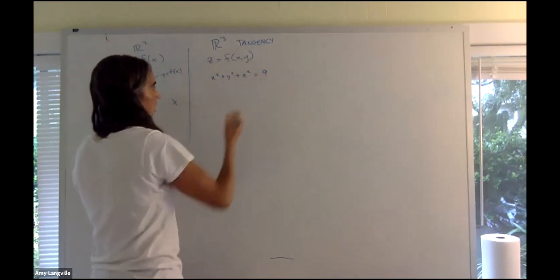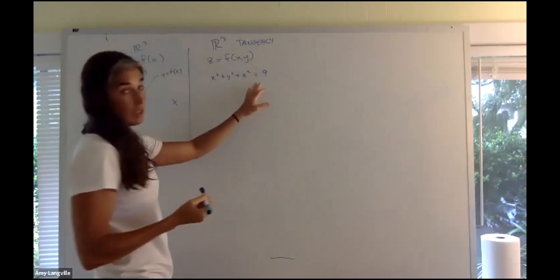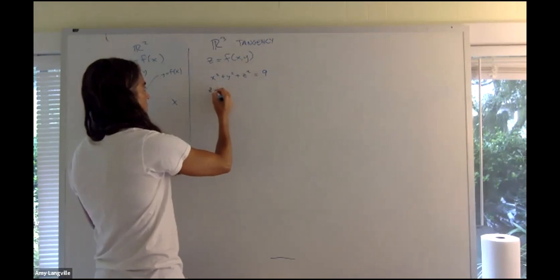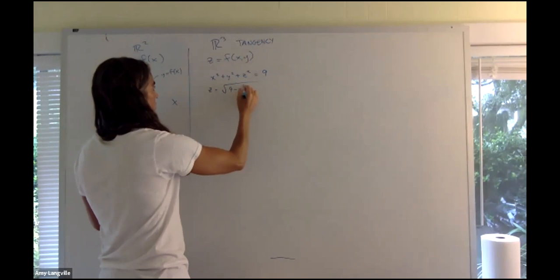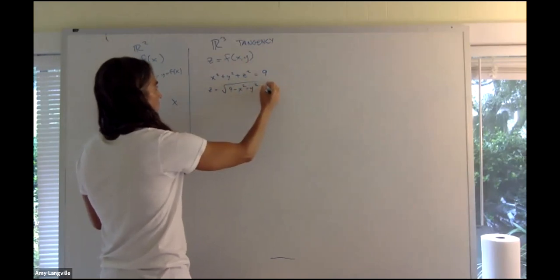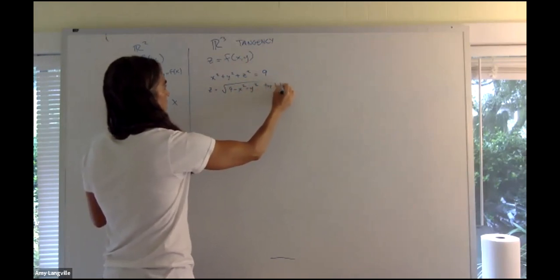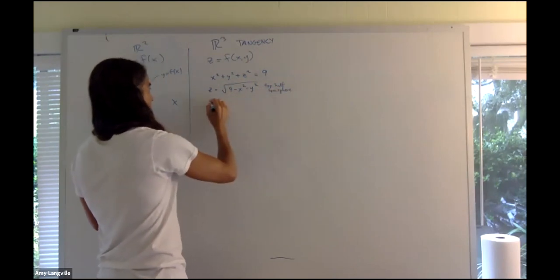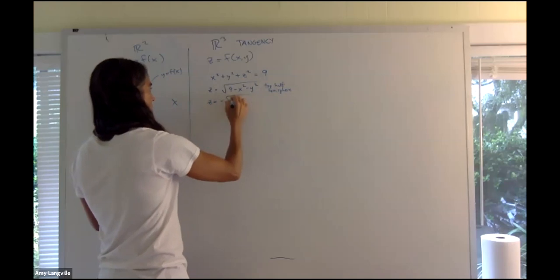Let's say it's 9, so it'd be a sphere centered at the origin with a radius of 9. If we solve for z to write its explicit function, z as a function of x and y, we'd have the square root of 9 minus x squared minus y squared is the top half, or the top hemisphere. And we could take the negative, that is the bottom hemisphere.